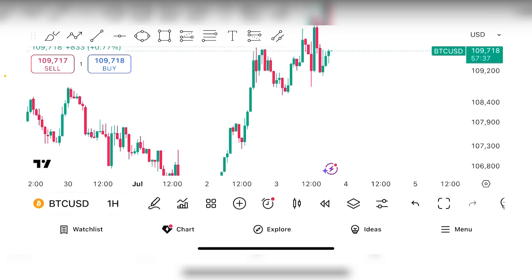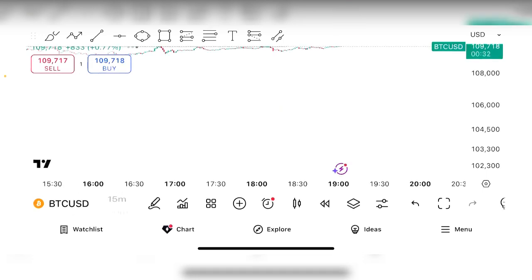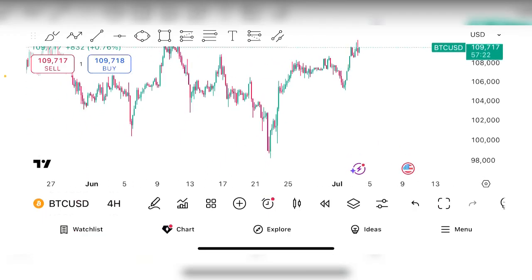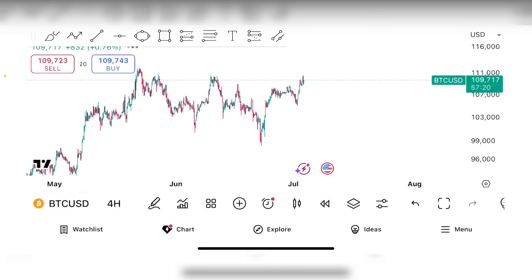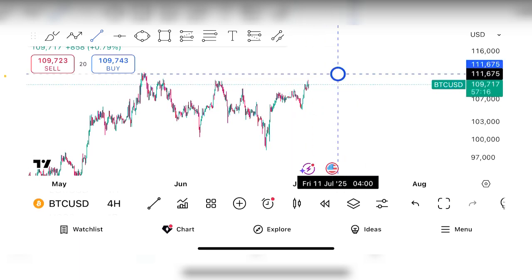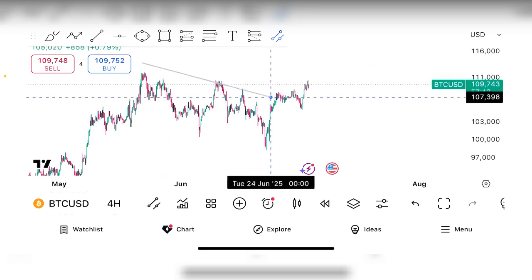Then parallel channel. Parallel channel is used as well for trend lines on, let's say, a higher time frame. Let's go to the 4 hours. You want to mark out a trend and you don't want to be confused on it. Let me show you how you use the parallel channel. Let's say this entire section, from here to this place, is a downtrend, and you want to use the parallel channel.